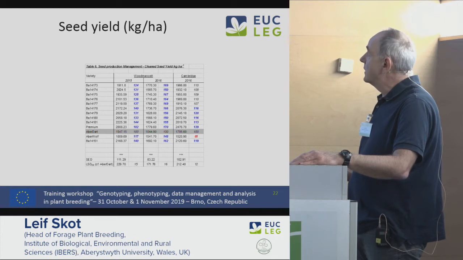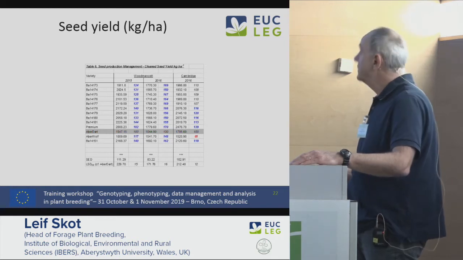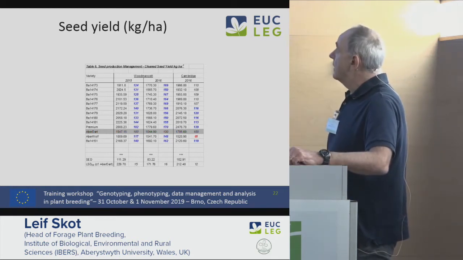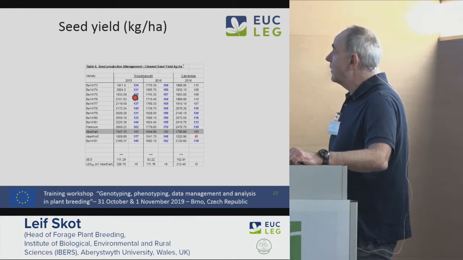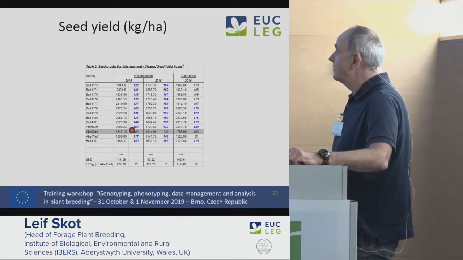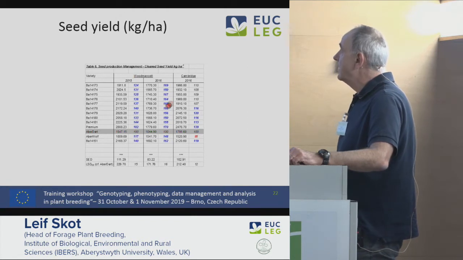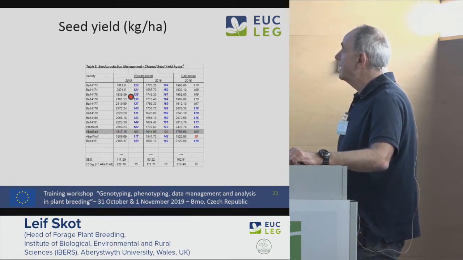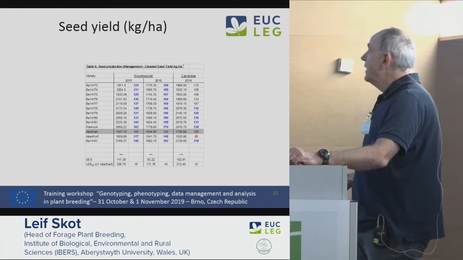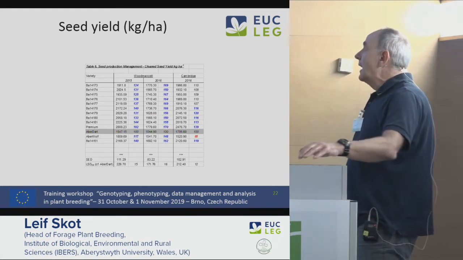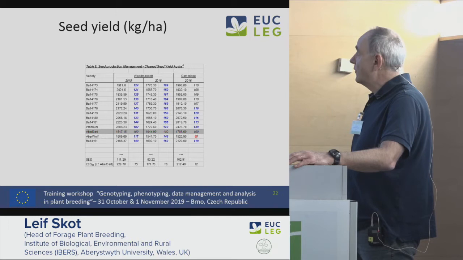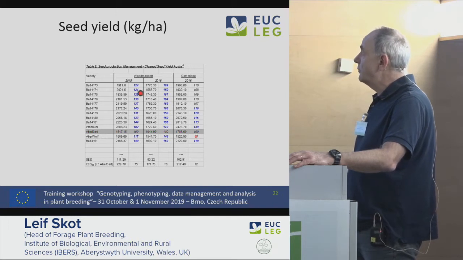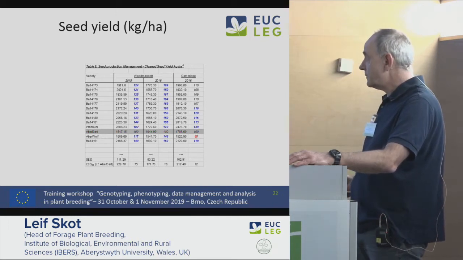And also in terms of seed yield, in 2 years here, there's an increase in seed yield in kilograms per hectare, a tendency to increase, certainly in 2015, as you increase the B allele frequency.